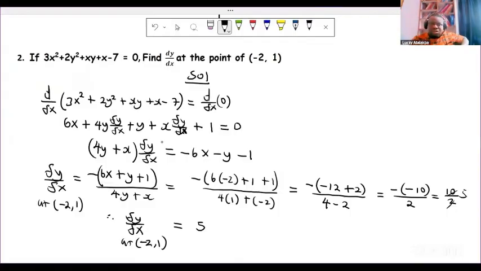Now let's cross-check what we have done. This is 6 times x, 6 times minus 2, then plus y. Our y is 1, and we have 1 there. Then 4y, 4 times 1. Then plus x, that's minus 2, right?